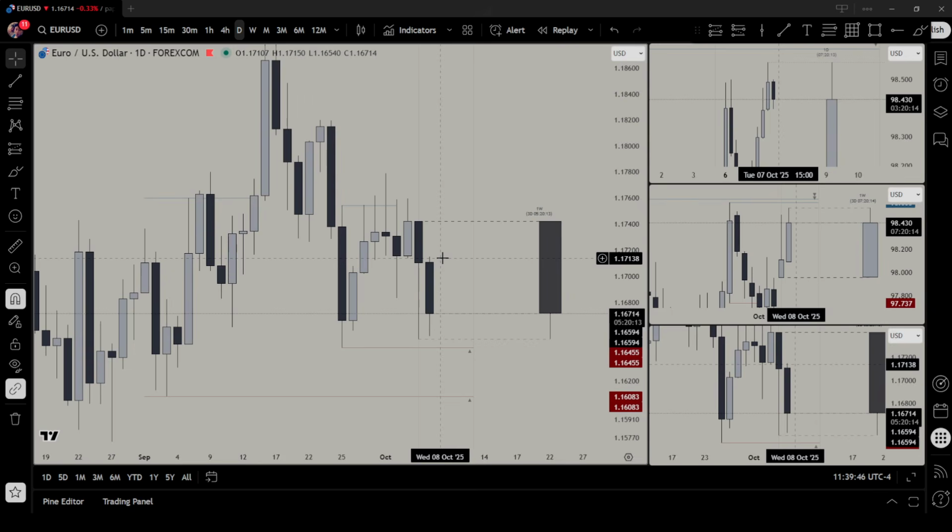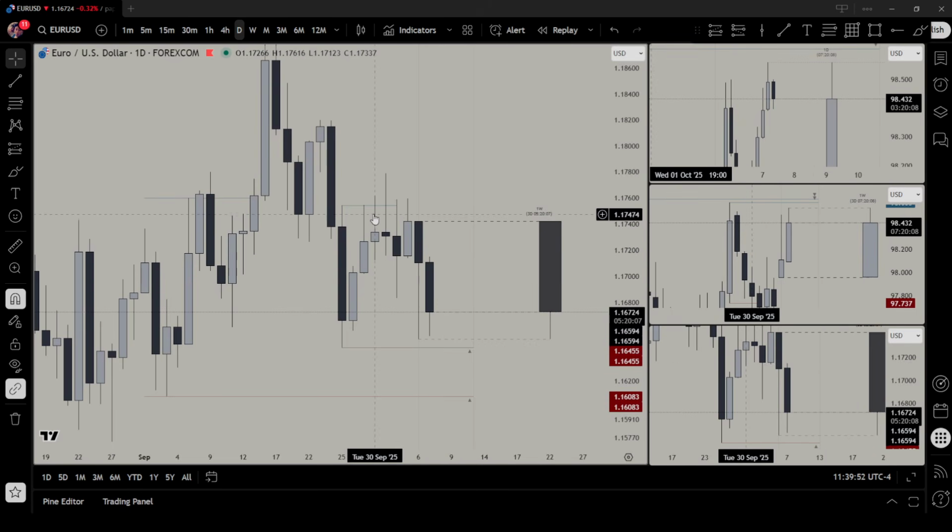So that's how you determine if a CRT will fail or not. I don't have to show you any examples, but this one right over here, this CRT failed because why? Although it did work out, if you were to enter a short here during the time-based window, you would have failed, right? Because you would have gotten stopped out again.